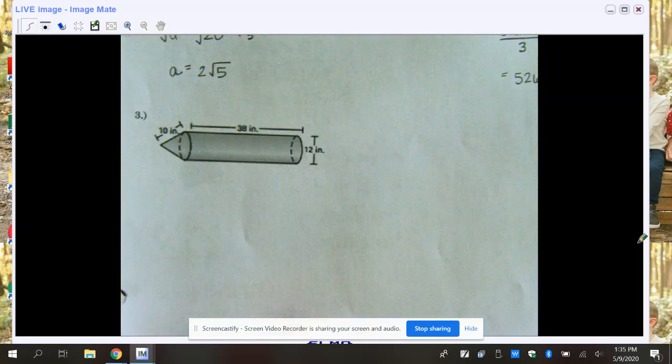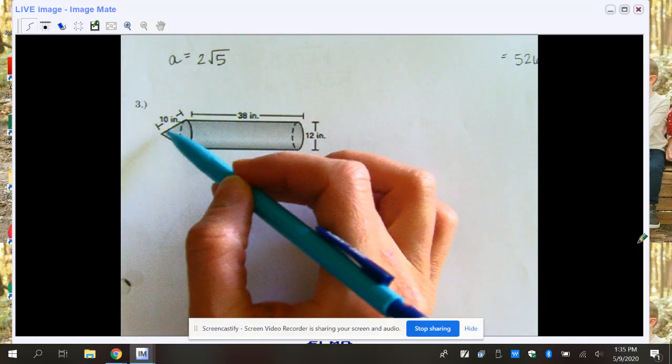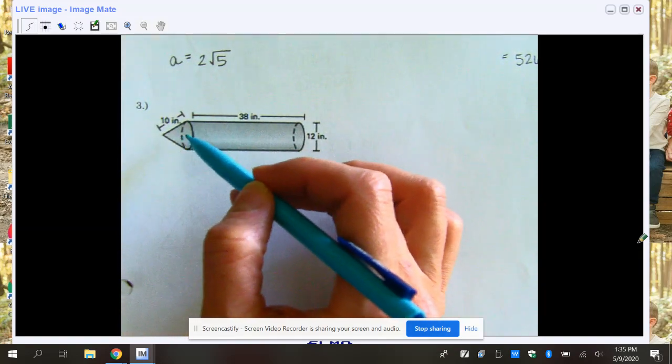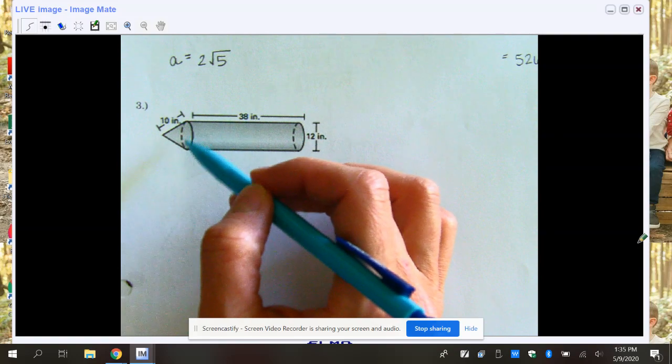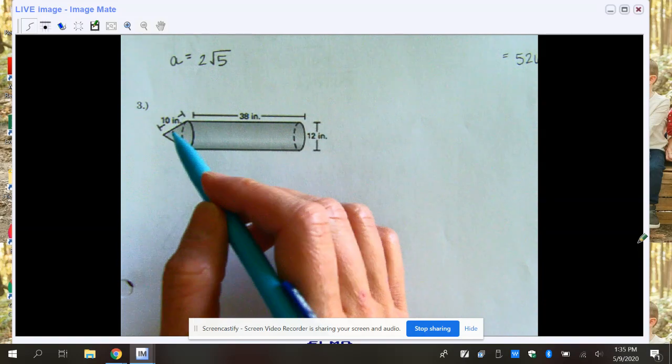All right, and so the last example we're going to look at is a composite figure. So remember, a composite figure is when you have like two 3D figures kind of on top of each other. And so for surface area, remember, we kind of had to make up our own formula because surface area is only like what you would wrap.